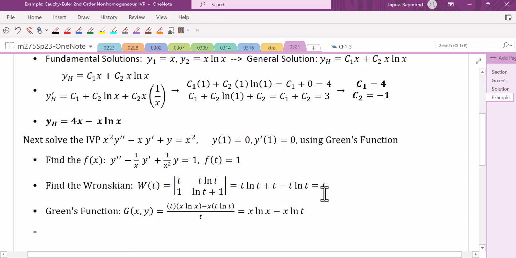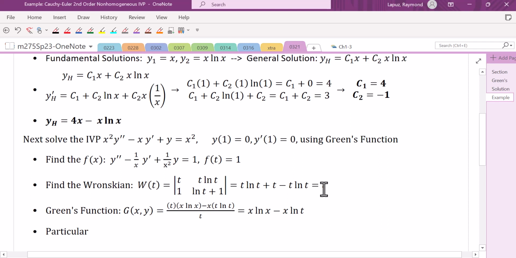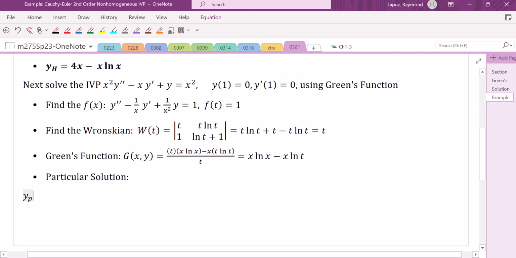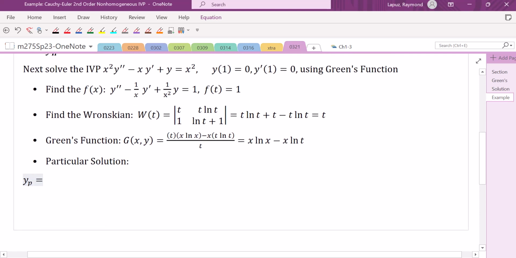So then our particular solution, y sub p, is equal to the integral with the lower limit of 1, because that's your initial point, and then your upper limit is going to be the variable x.